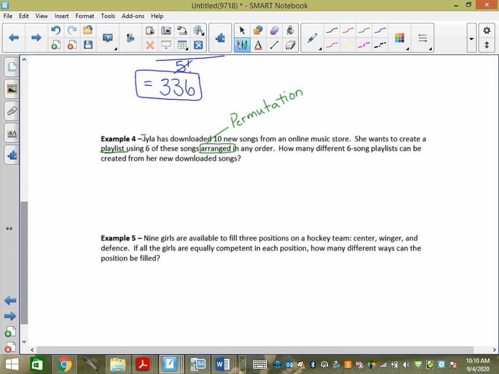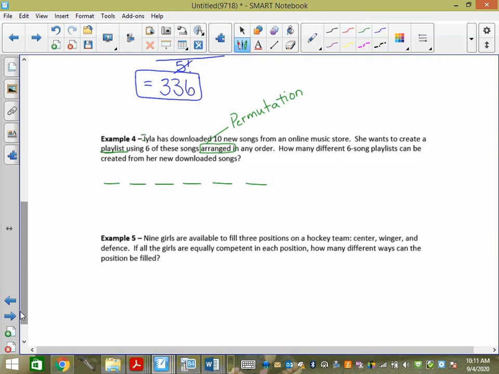So how many blanks can we make? 6. We can do blanks because we are putting them in a specific order. I'm going to put one song in the number 1 spot, one song in the number 2 spot of the playlist, one song in the number 3, one song in the number 4, one song in the number 5, one song in the number 6.